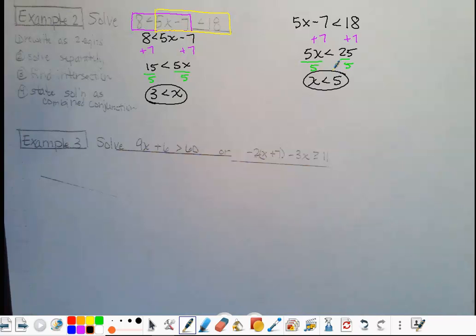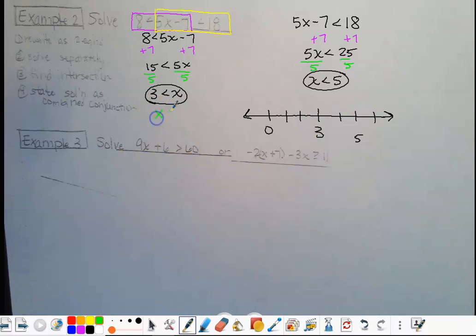So again, let's look at a number line to help us think through our answer. Let's see, we have positives. Let's do 0 here. 1, 2, 3, 4, 5, 6. Our first one says 3 is less than x. I'm actually going to do this a little bit differently.